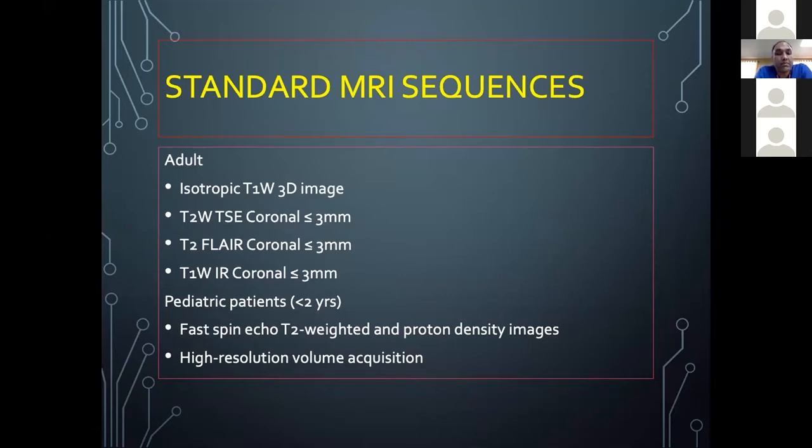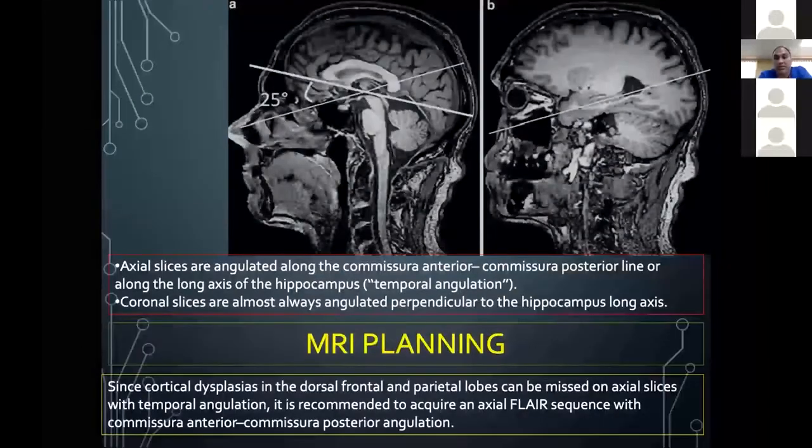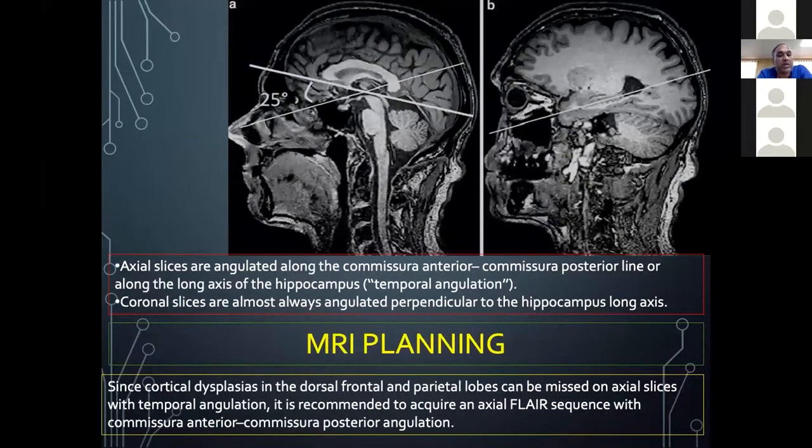In pediatric patients less than 2 years, proton density is useful because FLAIR doesn't give you enough information at that time. And high resolution volume acquisitions, which include FLAIR as well as T2 weighted images, can be useful. I'll show you the value of those acquisitions in the subsequent slides.